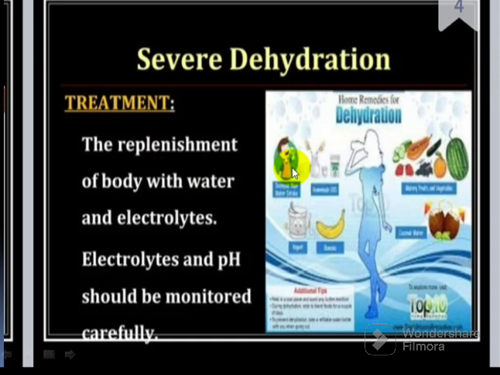Alright? You just give normal saline infusion. Normal saline is different from dextrose water. With time you know that. Okay.